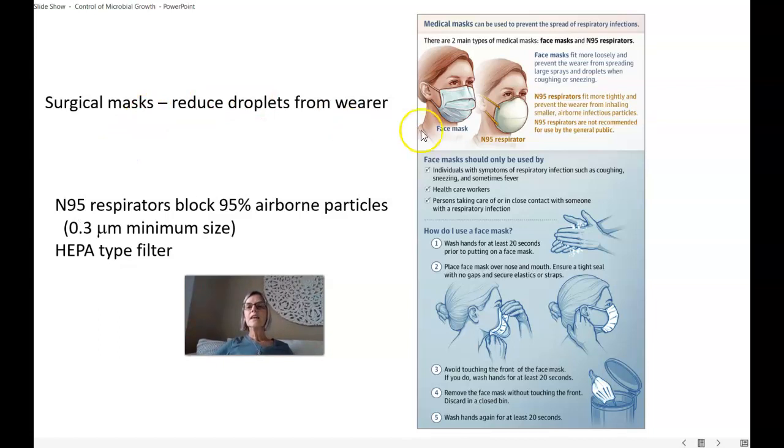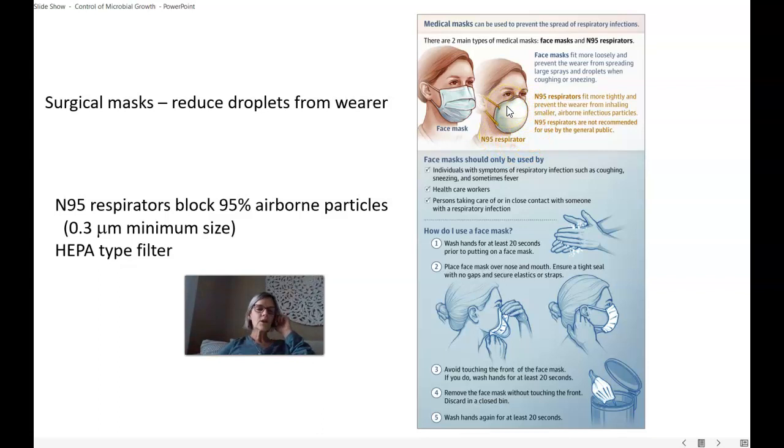But what they're designed for is actually trapping microorganisms. So they fit more tightly and prevent the wearer from inhaling smaller airborne infectious particles. So this is really what you use to protect yourself.